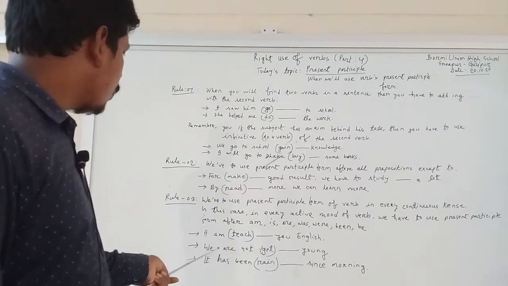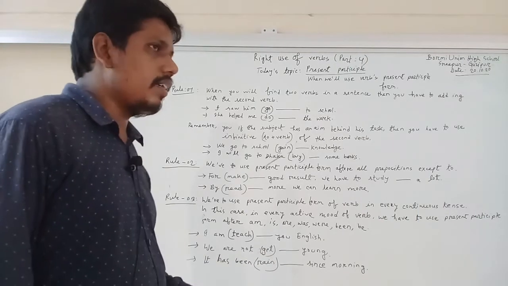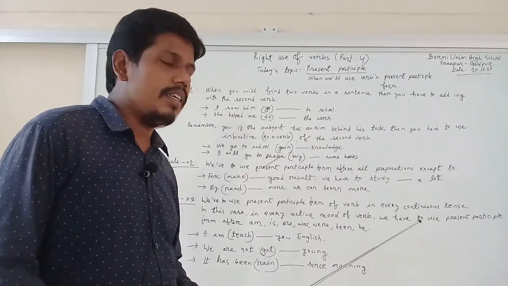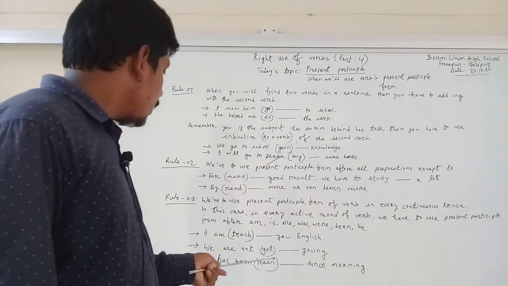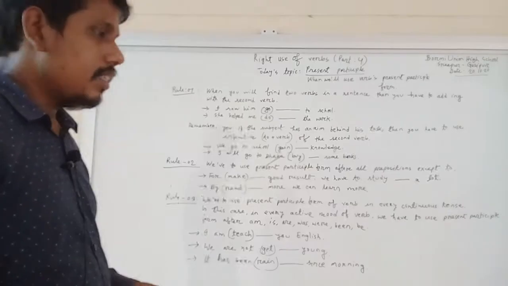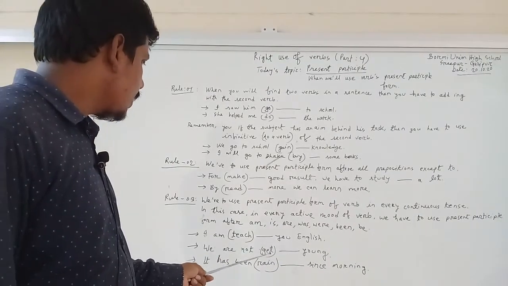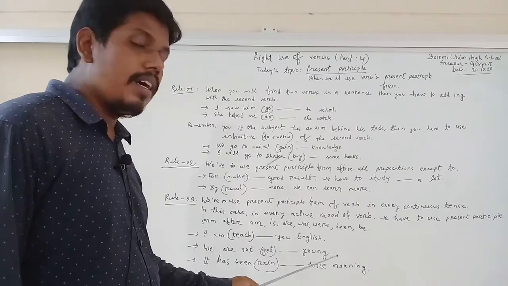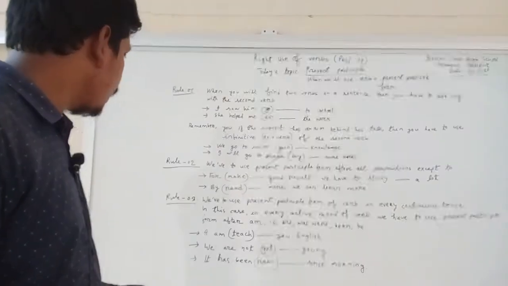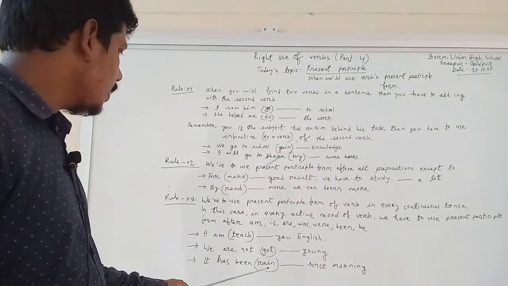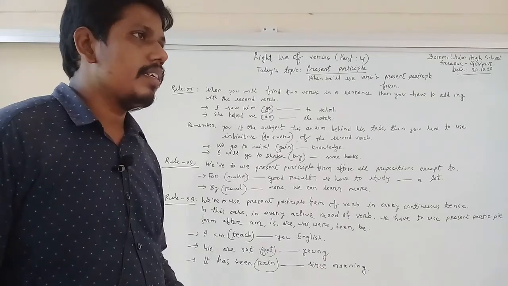In the second example, we are not get young. What will be the answer here? It also indicates present continuous tense. This is why the answer will be getting. We are not getting young. In the final example, it has been rain since morning.